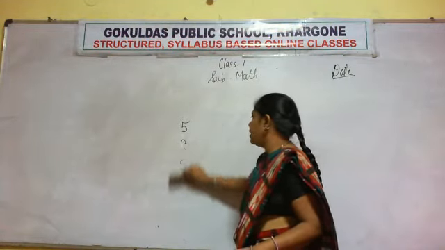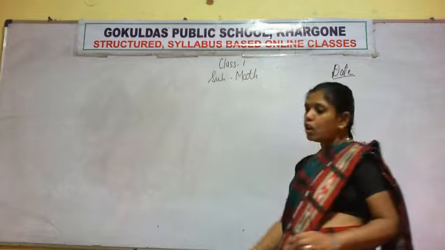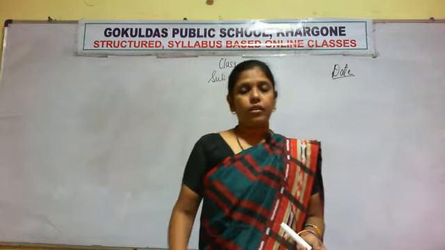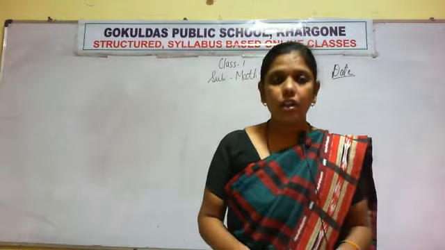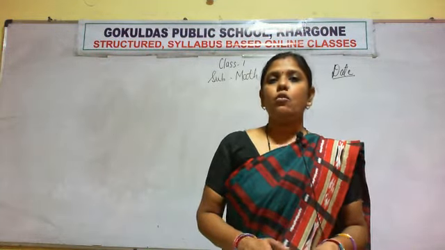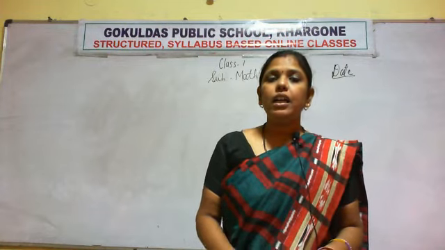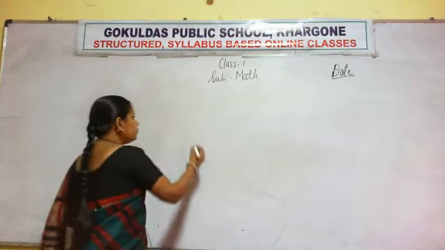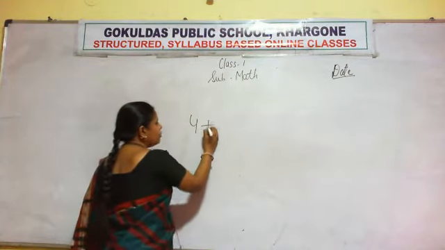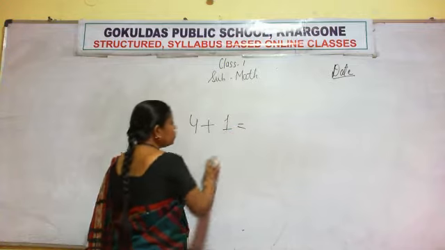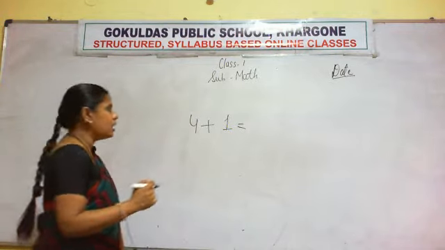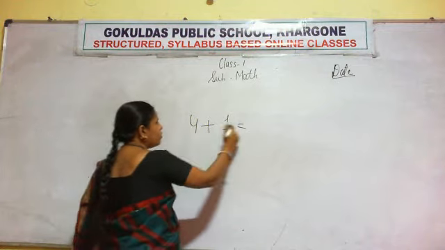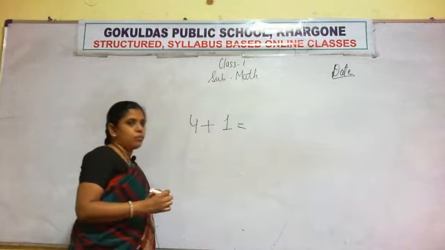Now another property of addition: whenever we add 1 to any given number, what answer will we get? Suppose we are adding 1 to 4. We will get the before number as answer. Sorry, the after number.